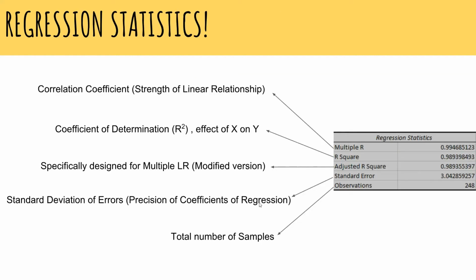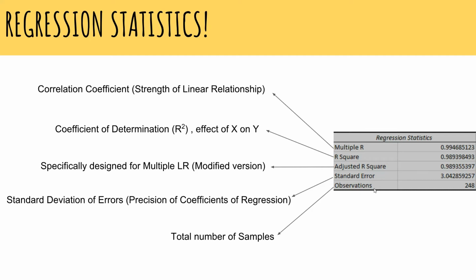Now, regression statistics. This is basically an overview or a rough understanding which you can get from your model. It has various parameters. You can see the multiple R parameter, the R squared parameter, the adjusted R squared, the standard error parameter, and the observations.